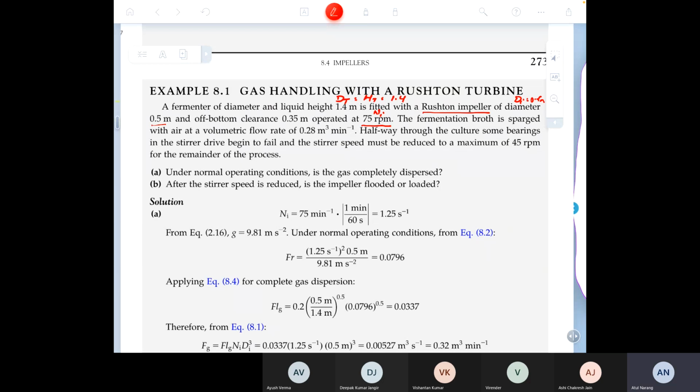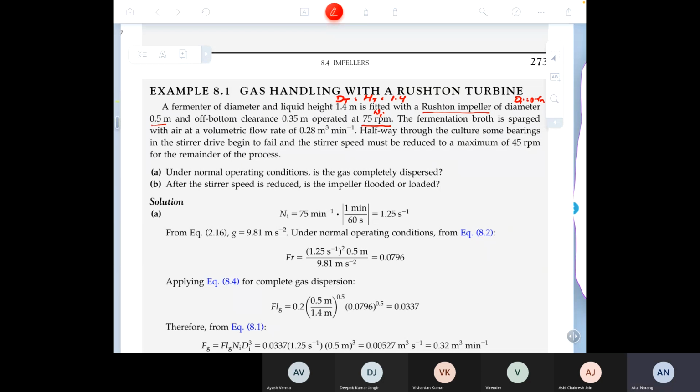The question is, first of all, under the normal operating conditions, that is to say, before the bearings broke down and the stirrer drive failed, it was operating at 75 RPM. So at 75 RPM, is the gas completely dispersed?